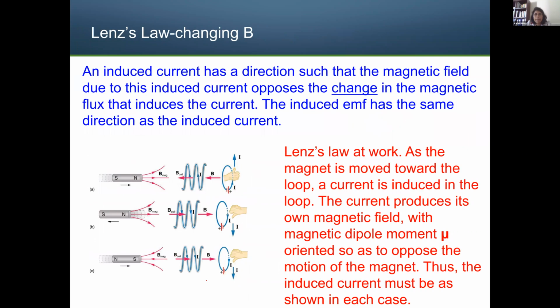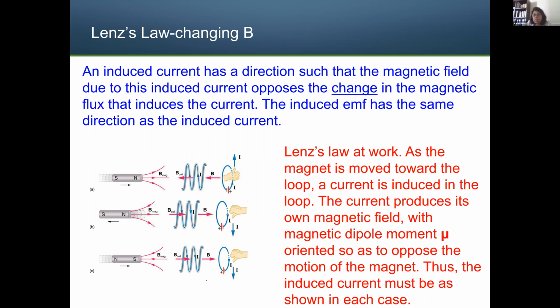Okay, so now let's move on to Lenz's rule, because the negative sign in the equation comes from Lenz. That's very important. It's very confusing to get the direction correct if you do not really follow the rules. Okay, so now the induced current has a direction, right? This induced current basically induces an EMF that opposes the magnetic flux that induced the current.